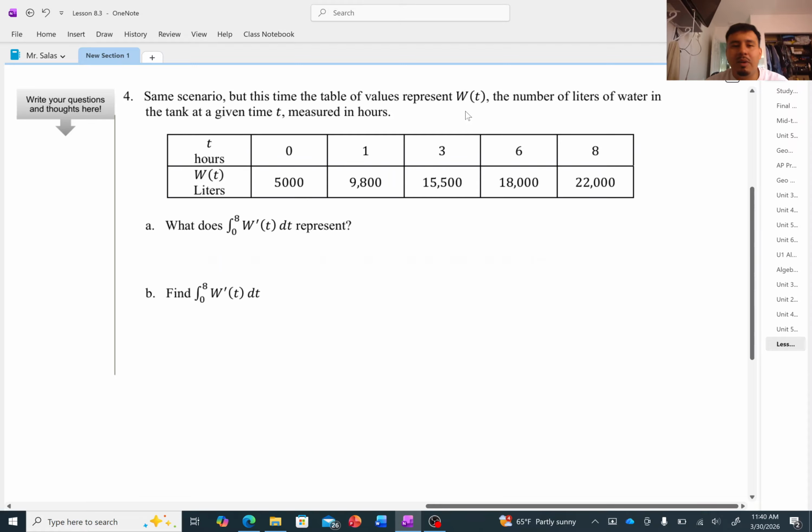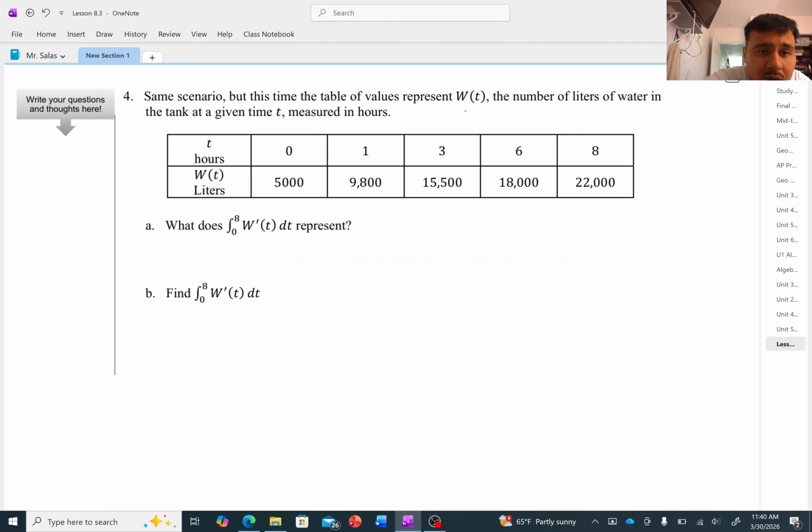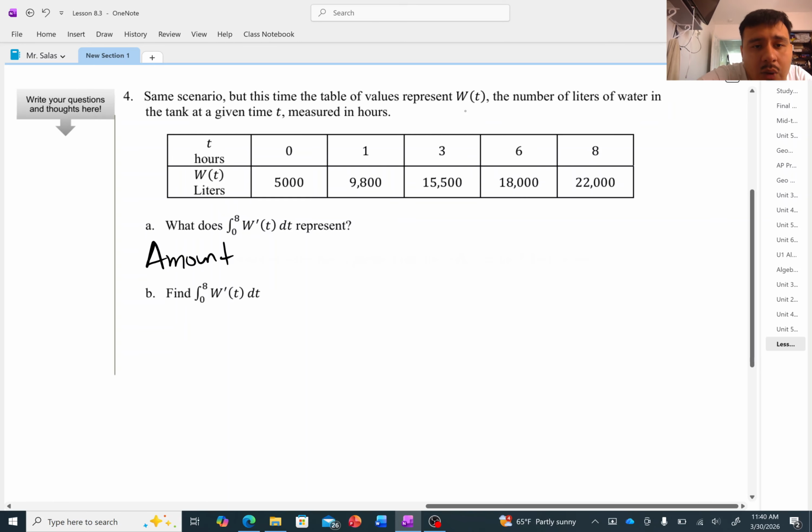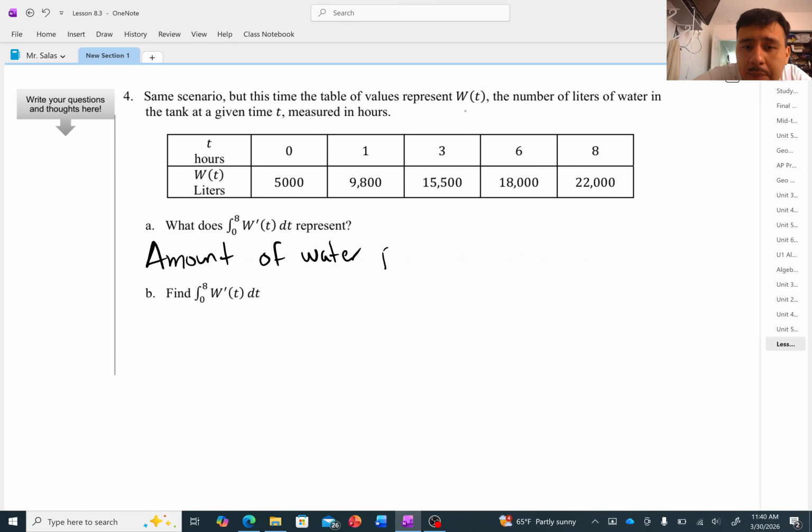Again, this is going to seem very, how do I say this? It's going to seem very weird to say, but this is actually the same thing as before. It's the amount of water pumped during an 8-hour period.